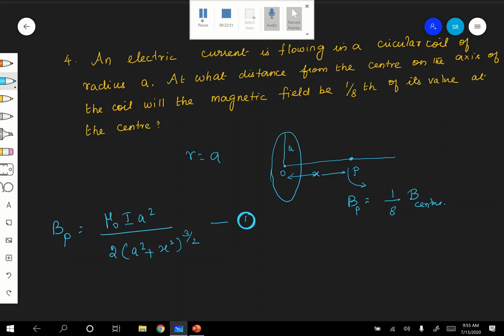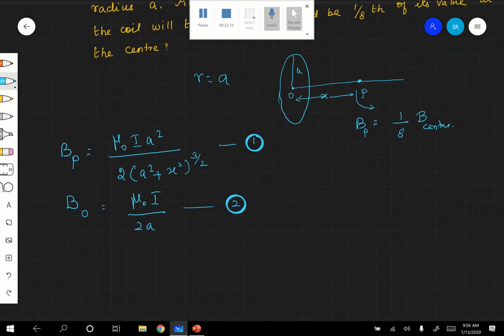And what is BC? B at the center is nothing but BO. What is the formula for the center? Mu naught I by 2R, and 2R is 2A. So I by 2A. Correct? Okay, this is 2. But what is given?